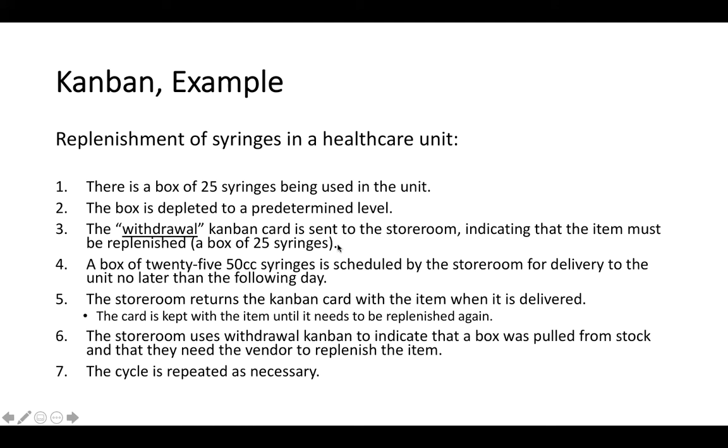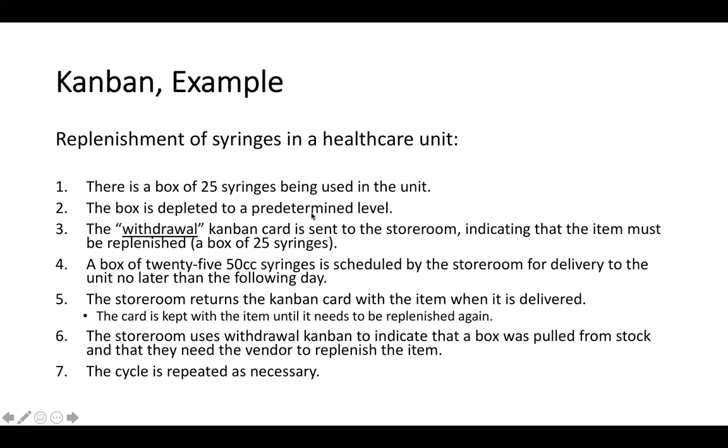We have to see how long usually it takes for the storeroom to send us another box of 25 syringes, and in that time, usually how many syringes are going to be used. So here, the storeroom is going to send the box the next day, and maybe through some analysis they have seen that over a day, until the next box comes, they use 5 syringes, for example.